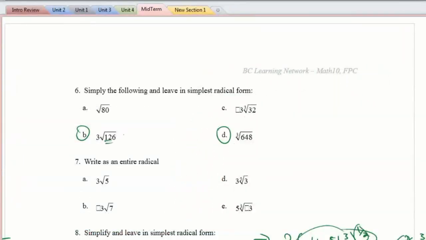I need to figure out the largest perfect square that goes into 126. So I know my perfect squares are 4, 9, 16, 25, 36, 49, 64, 81, 100, 121.